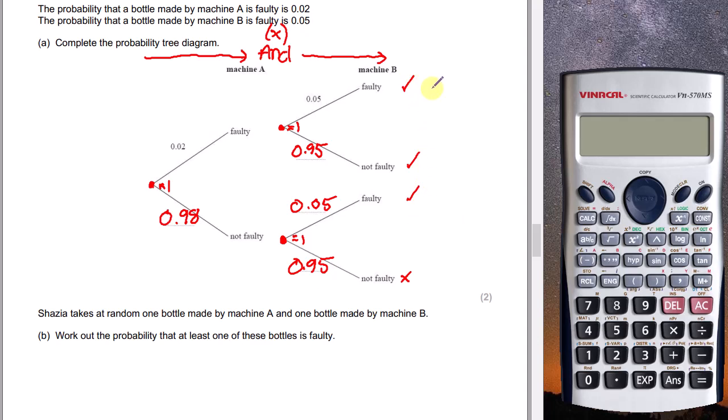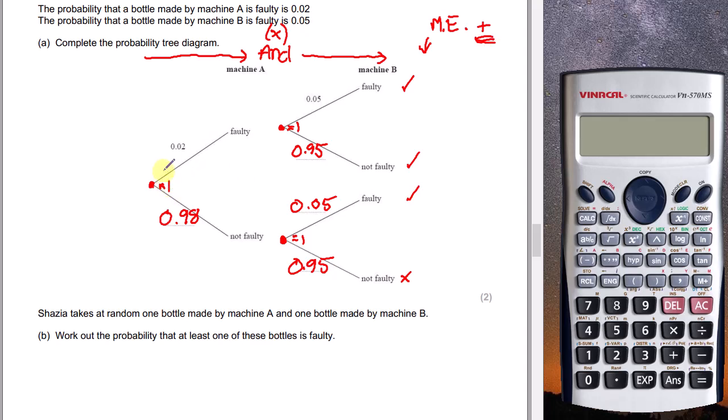Now there's two ways, and I'll show you a shortcut in a moment. But the long way is to calculate the three probabilities here. Because they're mutually exclusive events, you can add going down.